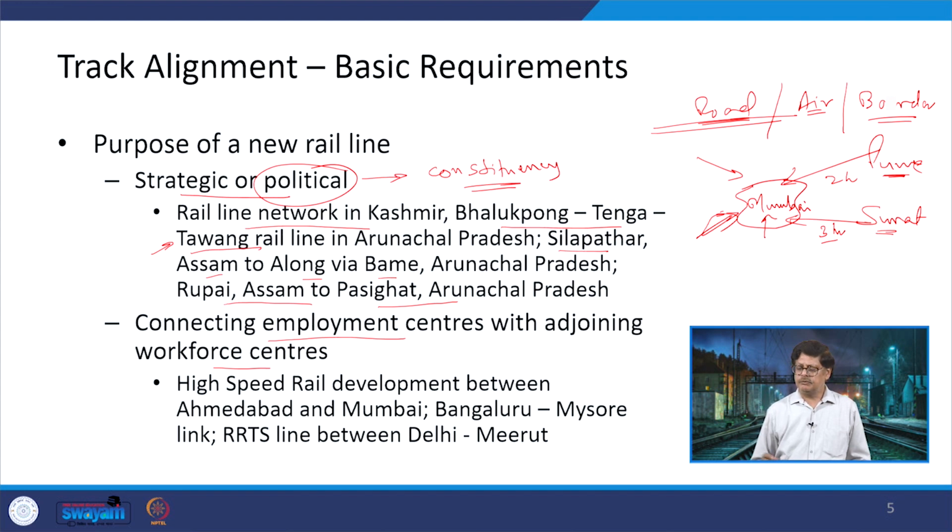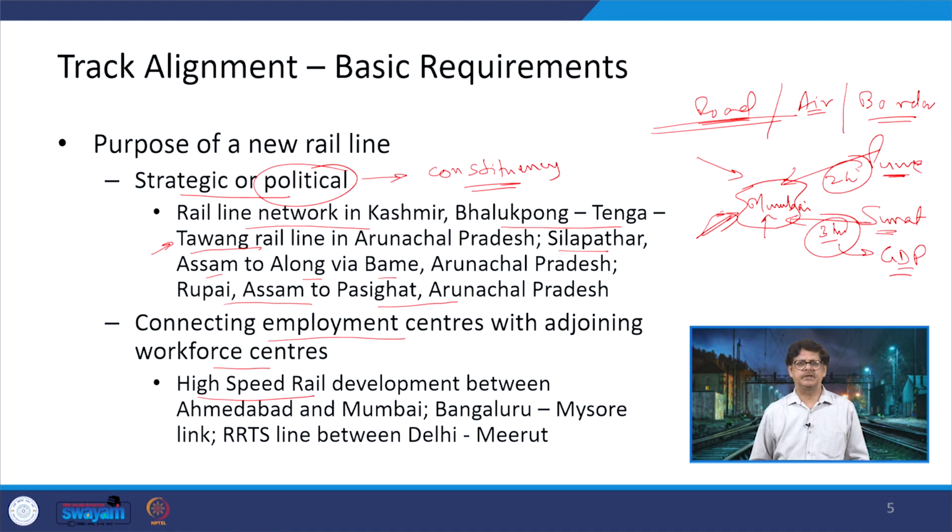When this type of movement becomes much more, it is better that these 2 or 3 hours be reduced to a lesser value, which is also good for the country, because if you convert the lot of time being wasted into the GDP of the country, that is time not being utilized in production. So there we need some other type of network, say a high speed rail.